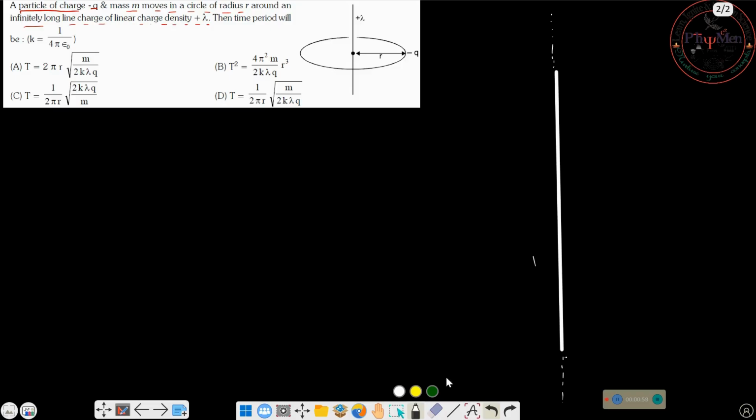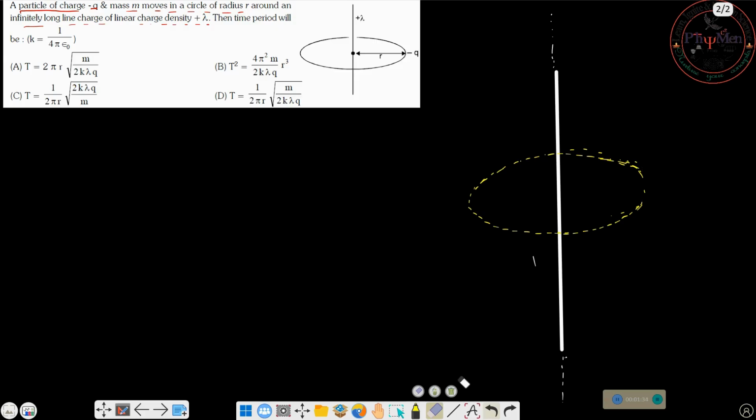This also extends up to infinity, and there is a charge minus q here, which will rotate about this infinitely long linear charge system in a circular path.